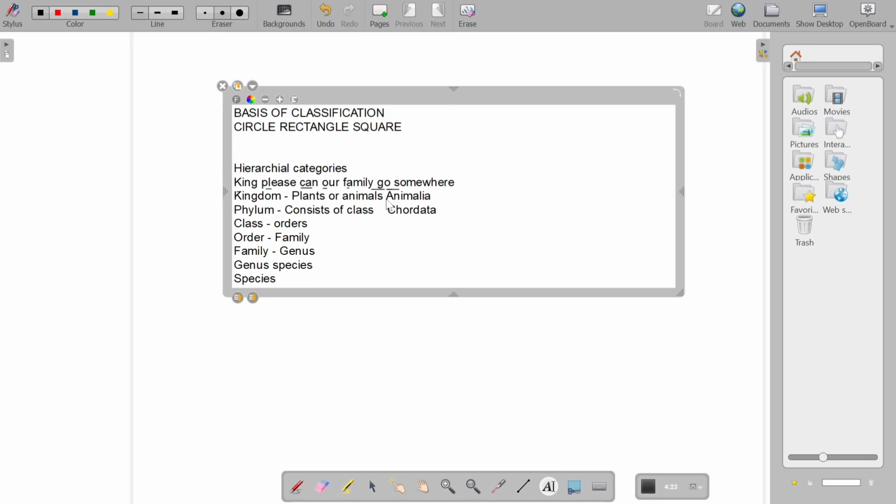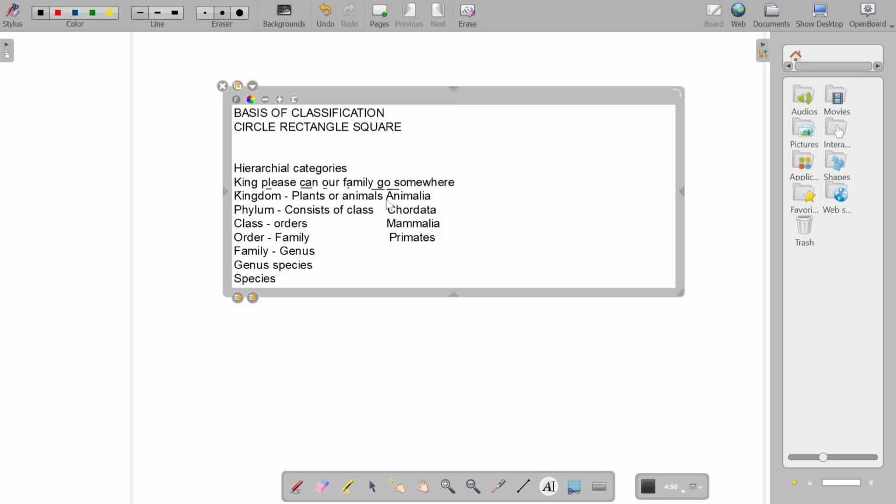We have a backbone, so it comes under the phylum Chordata. Then class Mammalia, as we reproduce and give milk to our young ones. Then order Primates, as we evolved from the monkeys as well as apes.